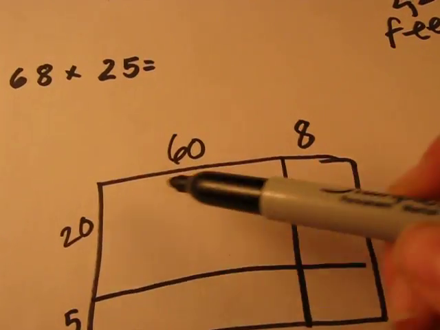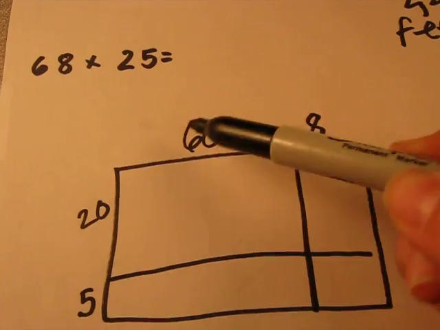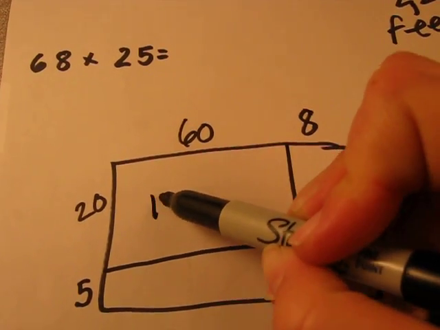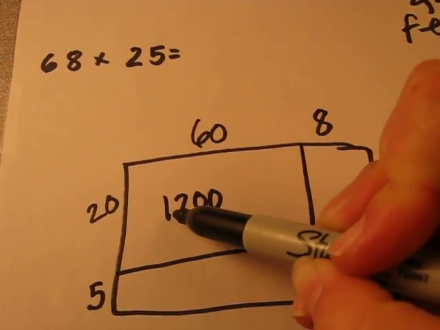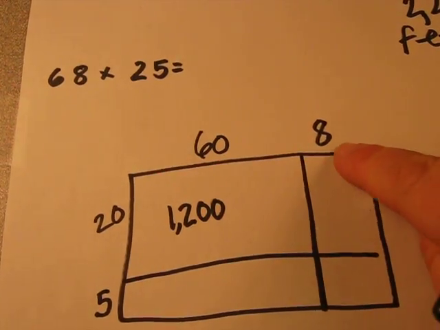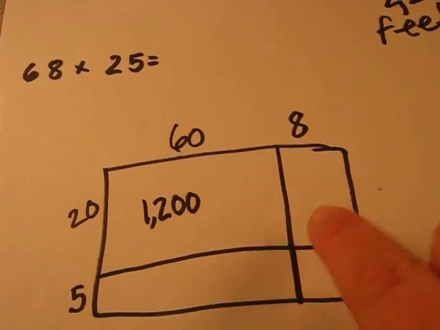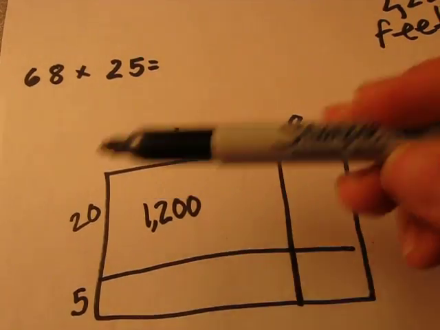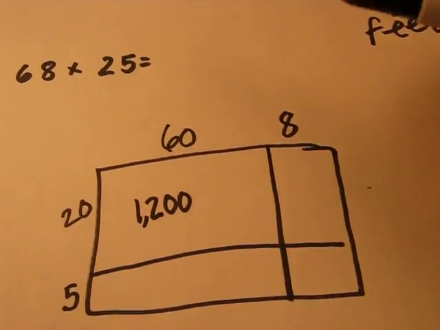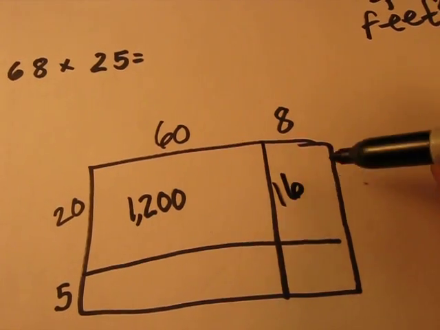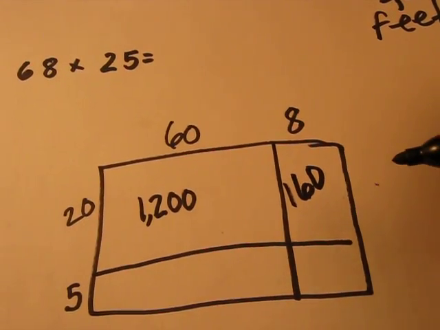60 times 20 is the same as 6 times 2 with 2 zeros at the end. 6 times 2 is 12, 0, 0. This is an 8 by 20 because this length and this length are the same. 8 times 20 is the same as 8 times 2 with that 0 on the end. 8 times 2 is 16, 0 at the end.